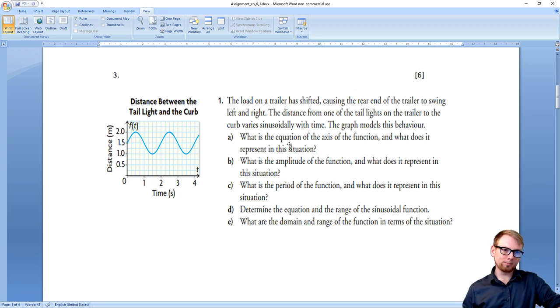Yeah, 1.5. Because the axis is basically the center of the amplitude. It goes from 2 to 1, so 1.5. So think of it this way. You still have to write y equals 1.5.